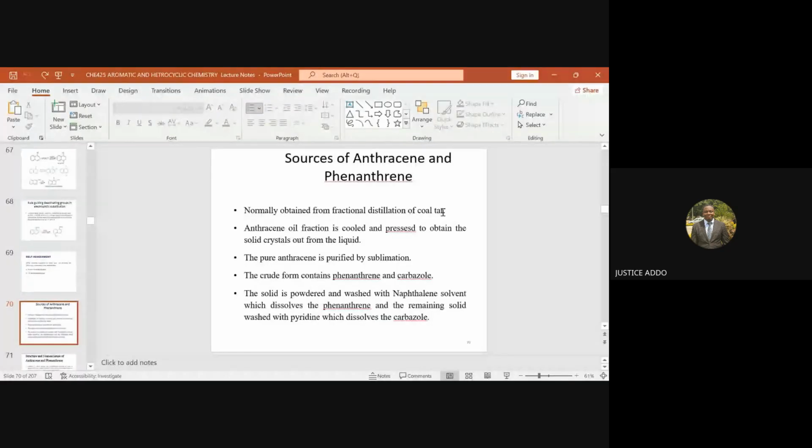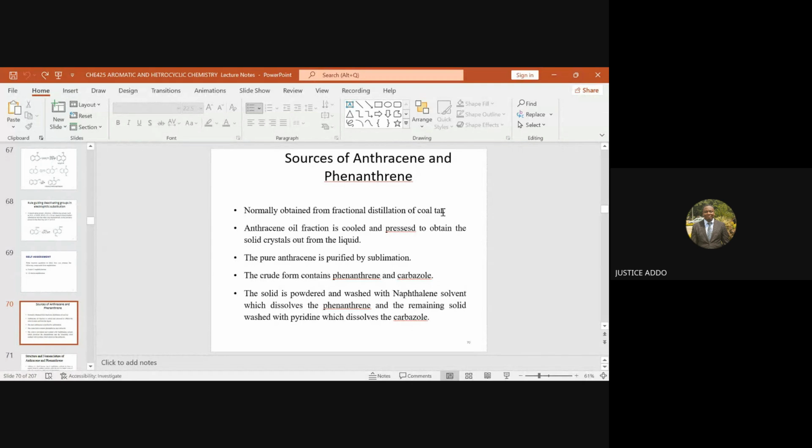And so how to purify it is by sublimation, and that will leave behind the phenanthrene and the carbazole. The solid is powdered and washed with naphthalene solvent, which dissolves the phenanthrene, and the remaining solid washed with pyridine, which dissolves the carbazole.